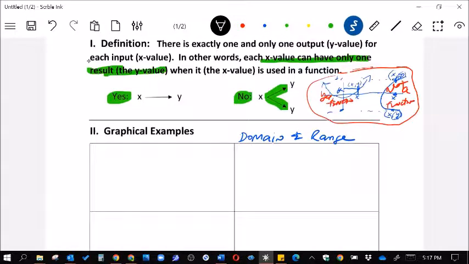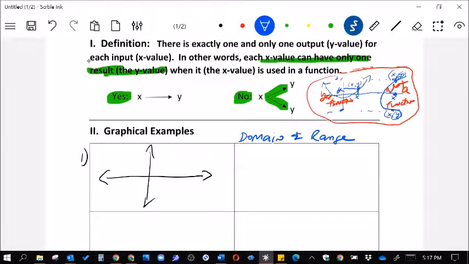So let's start with the first one, a basic linear equation, a straight line. We're going to talk about what the domain is. The domain for this is every x that also has a corresponding point on there.